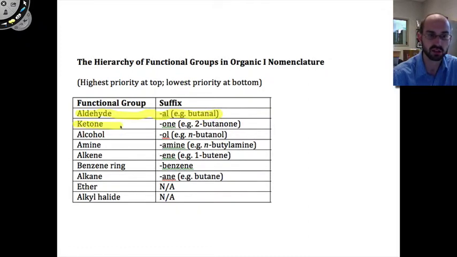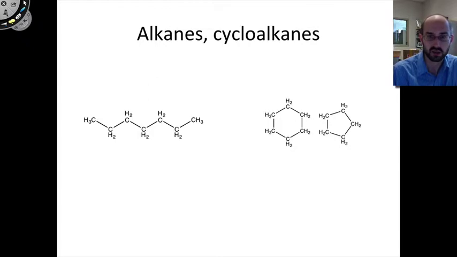The ketone has the -one suffix. Alcohols, which end in -ol, and then just regular old vanilla alkanes. And the rest of these we'll save for another day, another time. So let's start with some alkanes and some cycloalkanes.